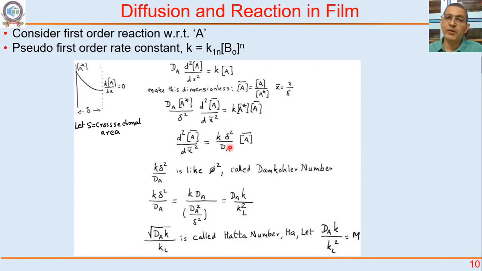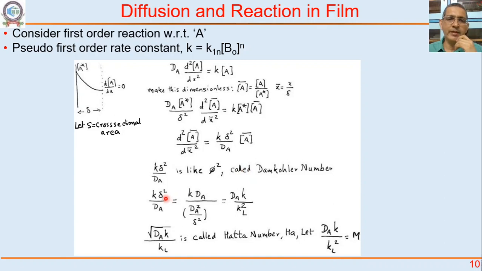This is like Thiele modulus if we were talking about catalyst. Here delta is the mass transfer film thickness, whereas there it was L, half the thickness of the slab. Instead of diffusivity of A in the liquid, it was effective diffusivity through the catalyst pellet. Here we are not going to call it Thiele modulus. Here K delta square by dA we are going to write as Damkohler number.